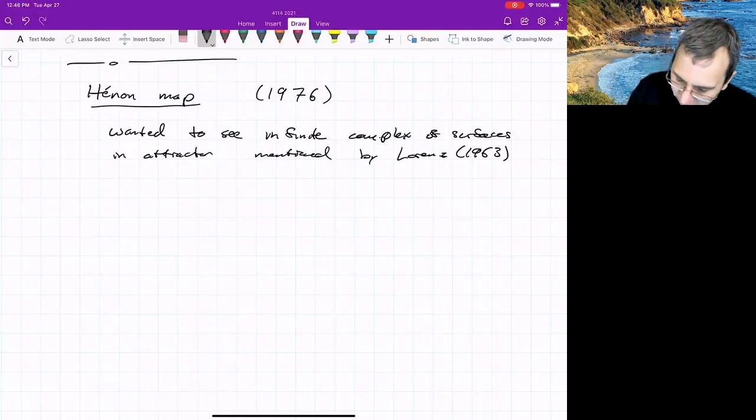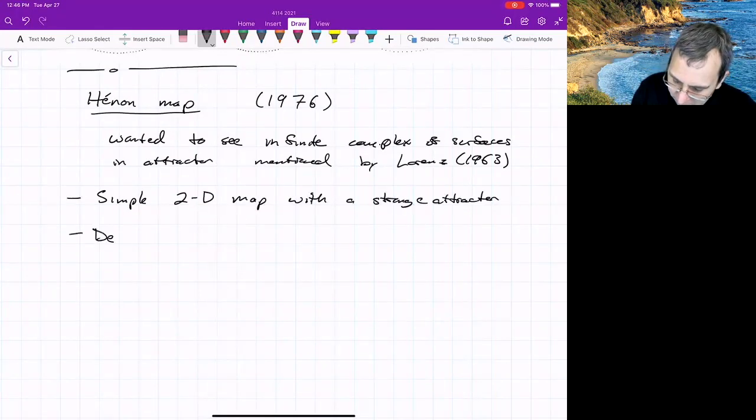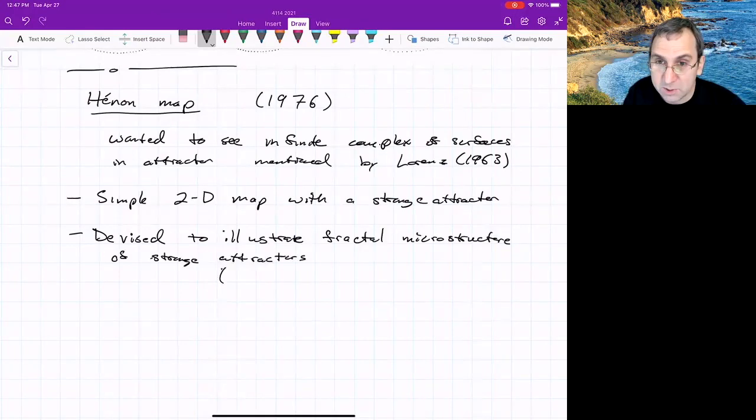He came up with a simple 2D map with a strange attractor. And this was specifically devised to illustrate the fractal microstructure of strange attractors. It was the first direct visualization of this structure.